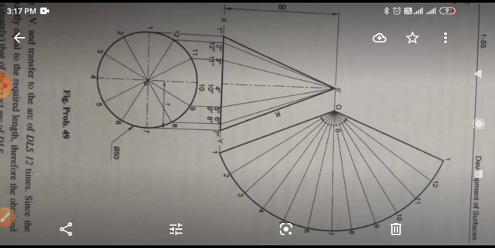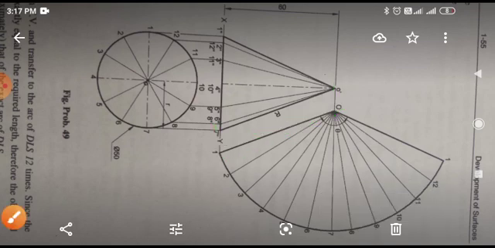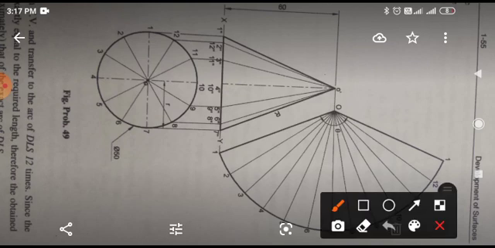But in this case the thing is quite different. You have to draw a parallel line. First thing is clear: you have this base. Firstly, you just have to draw this O1 line.